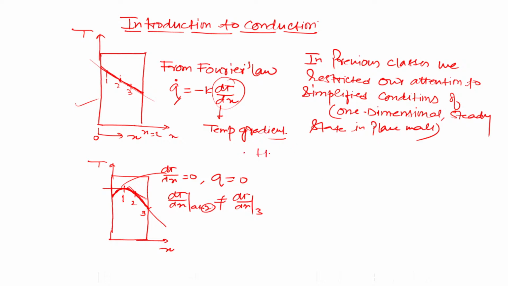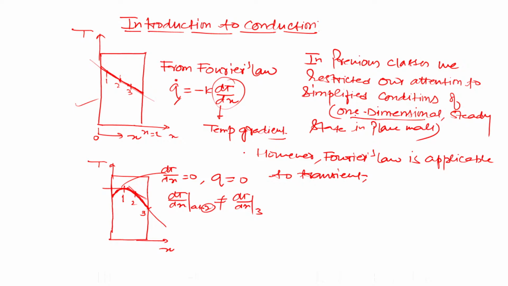However, Fourier's law is applicable to transient, multidimensional conduction in complex geometry. Transient means unsteady state, and not for one-dimensional only, but also for multi-dimensional.